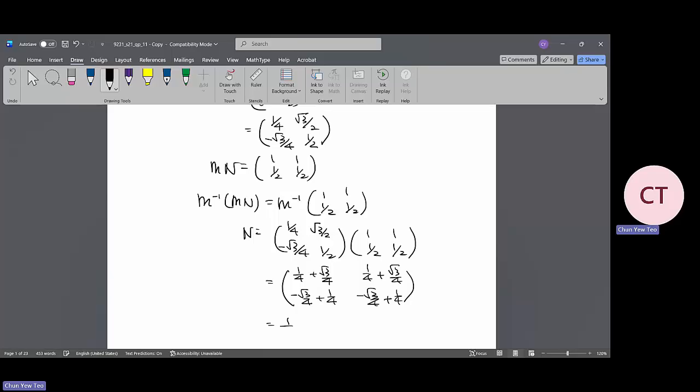We can factorize the 1 over 4 out so that the inside can be written in such a form that it looks better. So this will be the answer for question number 4C.